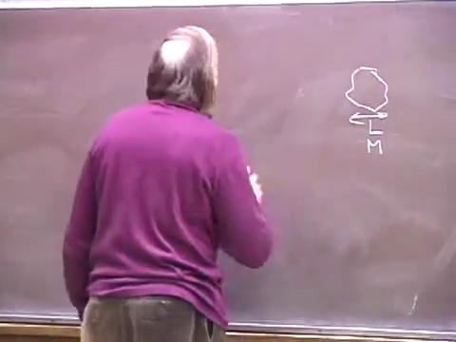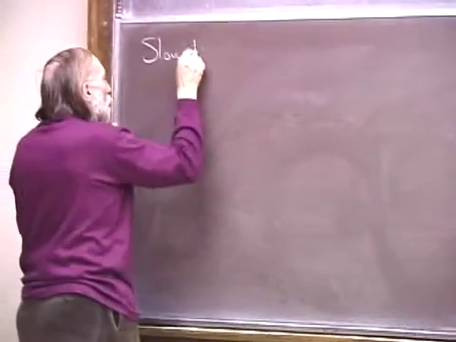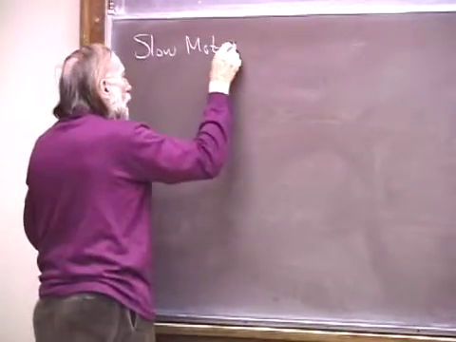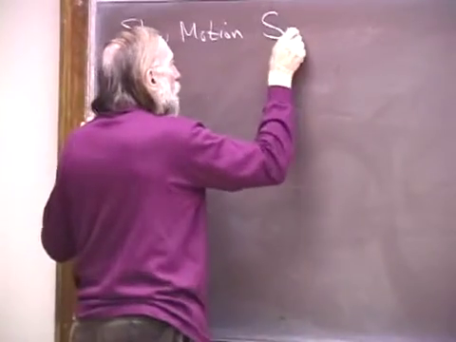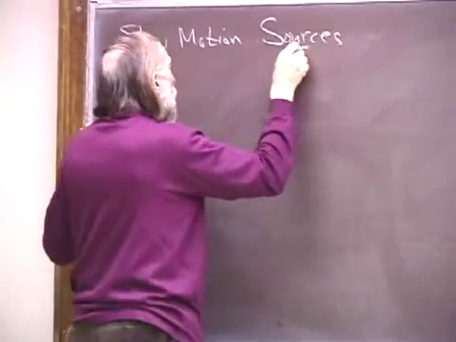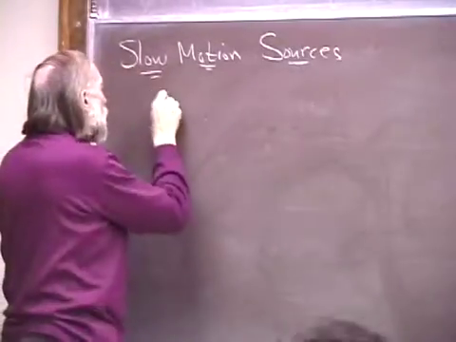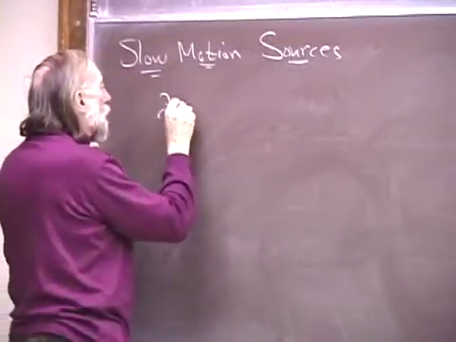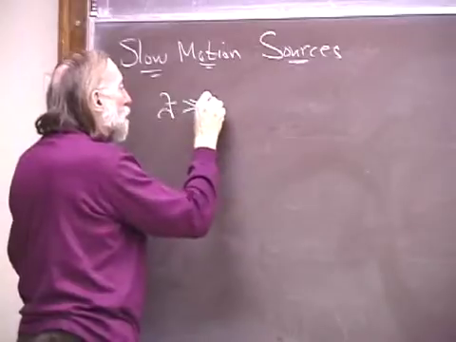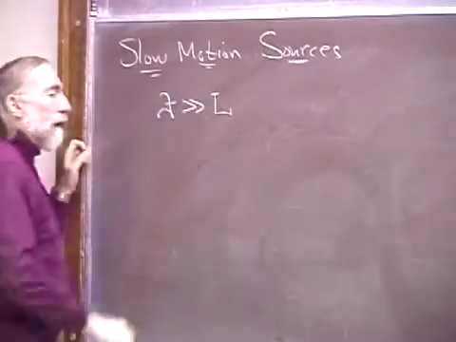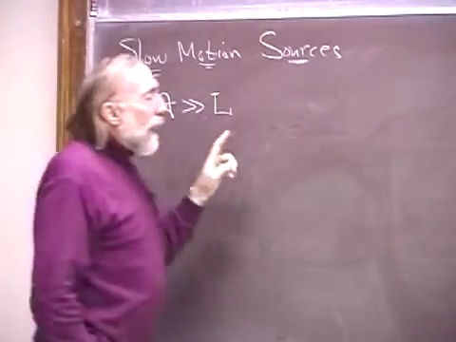And I'm going to focus on slow motion sources throughout the day today, as we have in much of what we have done in the recent weeks. The key thing about a slow motion source is that the reduced wavelength of the gravitational waves is large compared to the characteristic size of the source.